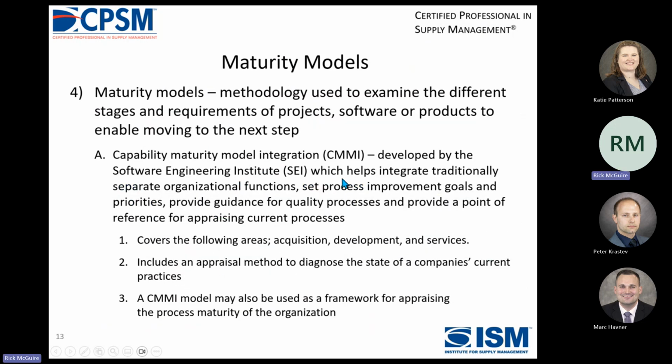And then we go into the next continuous improvement product, something called the maturity model. States and requirements, products, software, and products enabled to move to the next step. So this comes from software mostly. The Capability Maturity Model Integration, developed by the Software Engineering Institute, integrates traditionally separate organizational functions, covers the following areas, and includes an appraisal method.